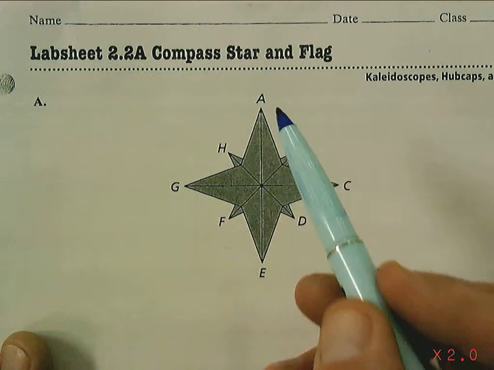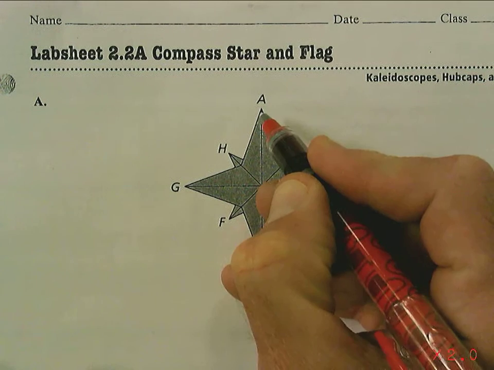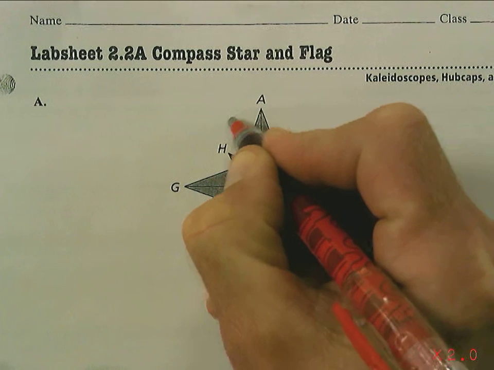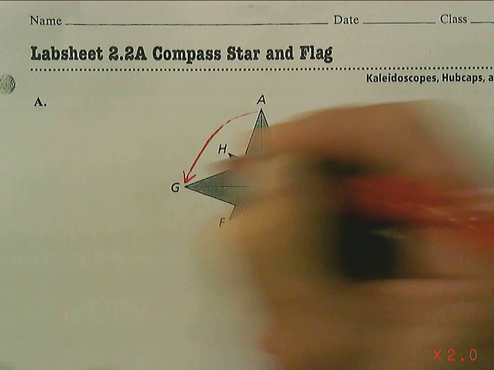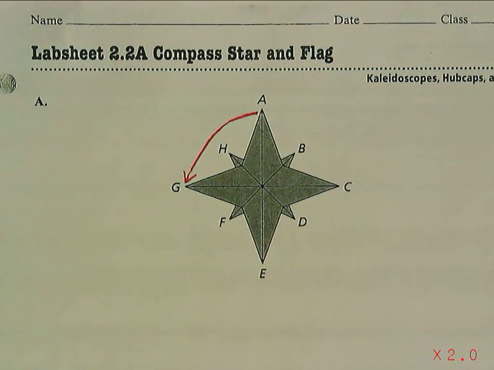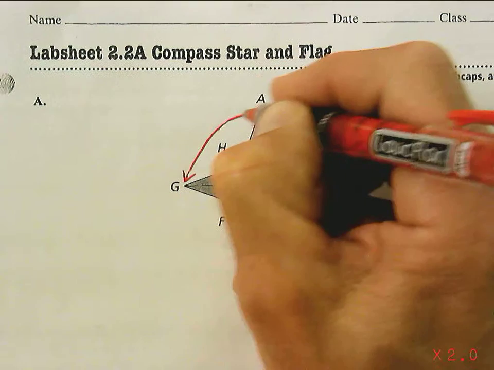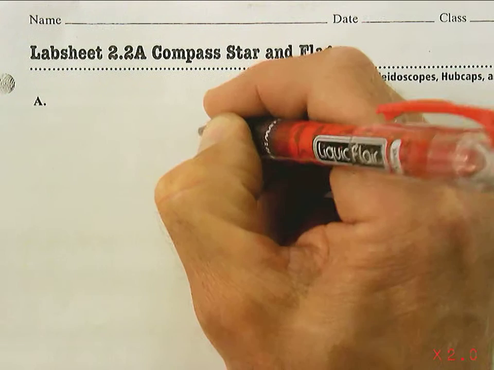If you think about it a little bit, this point A, in order to get it to look like it originally does, we need to rotate it to the left, counterclockwise. From here to there would take us right back to the original position of A. That distance is 90 degrees.